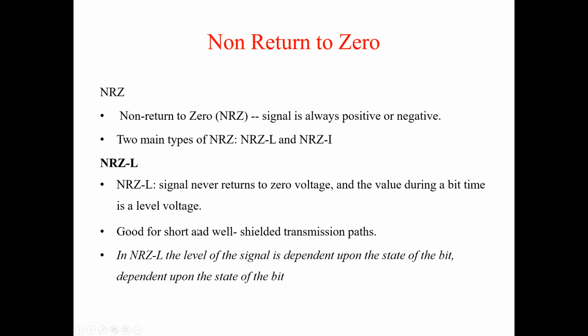If you know about voltage, we use a voltmeter in our fridge, meaning we are converting the electronic signal into a specified voltage which our home devices use. This is good for short and well shielded transmission paths.